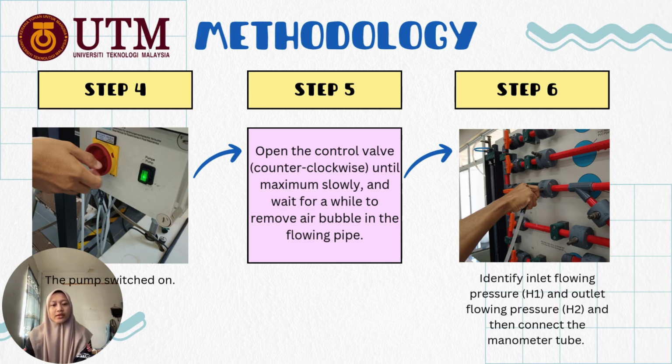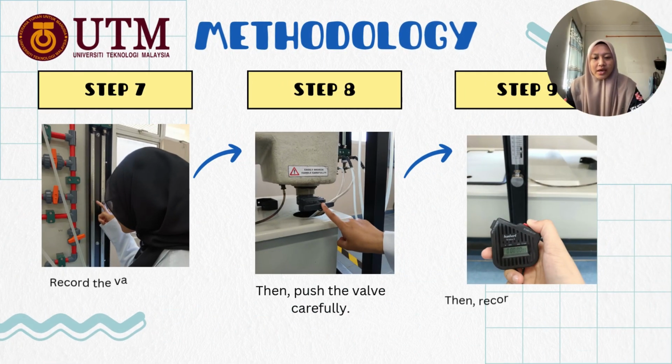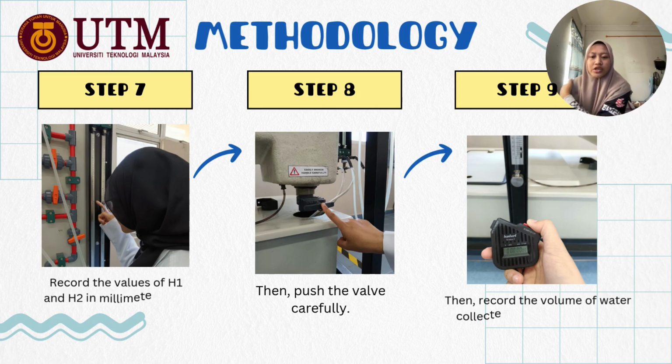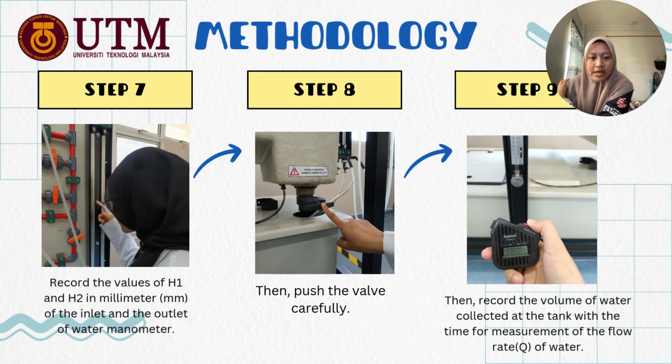And then we identify the inlet flowing pressure for H1 and the outlet flowing pressure for H2, and then connect the manometer tube. And then after that, we record the values of H1 and H2 in millimeters of the inlet and the outlet of the water manometer.